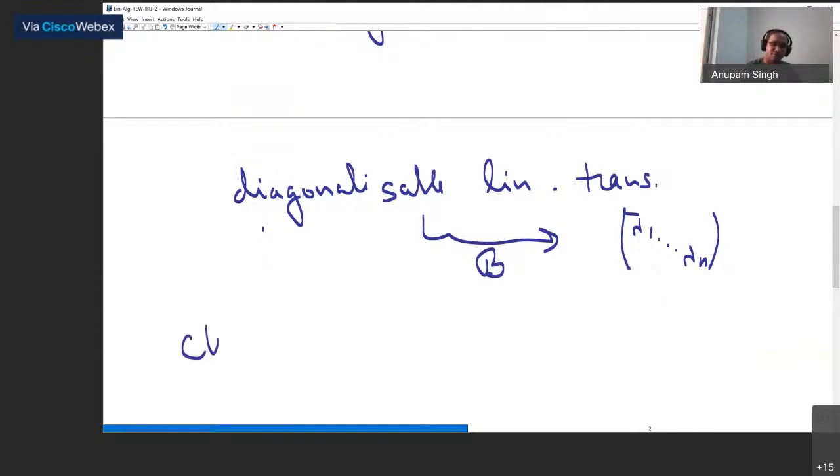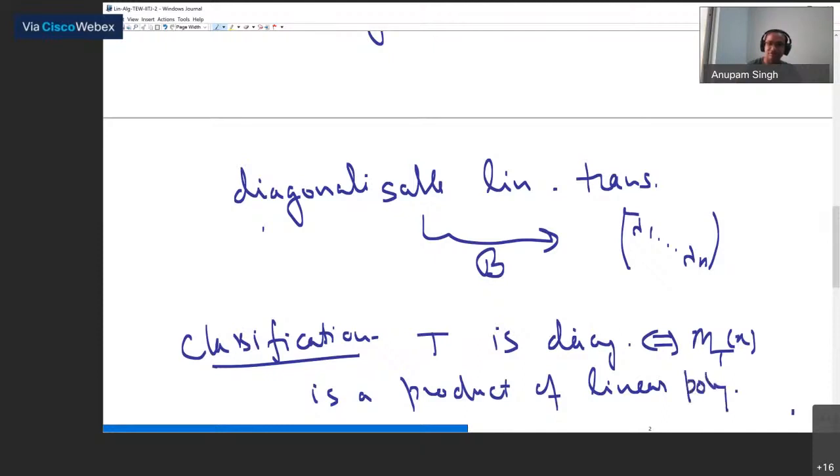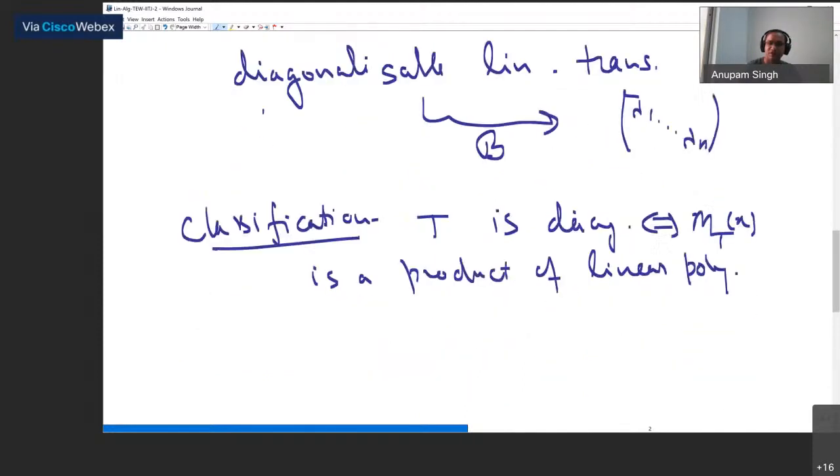So classification of diagonalizable would be that T is diagonalizable if and only if the minimal polynomial of T over F is the product of linear factors, of linear polynomials, right?